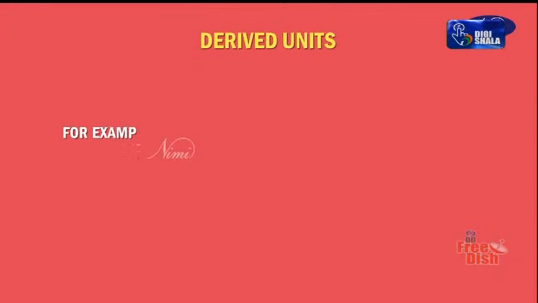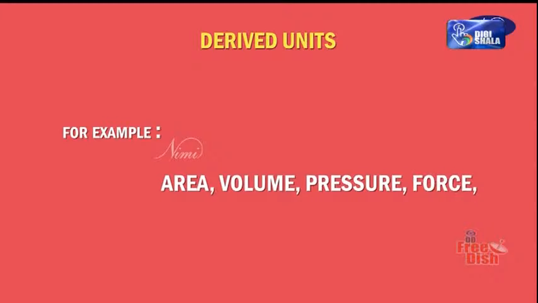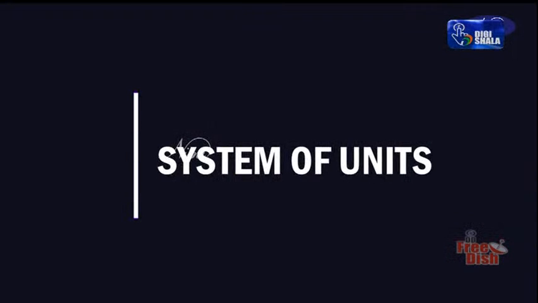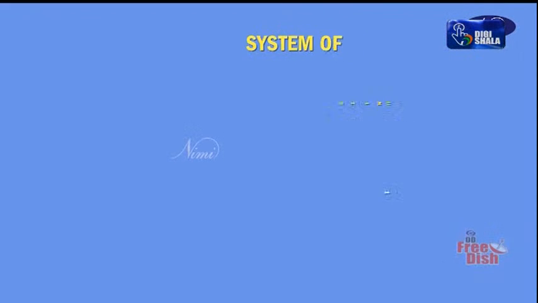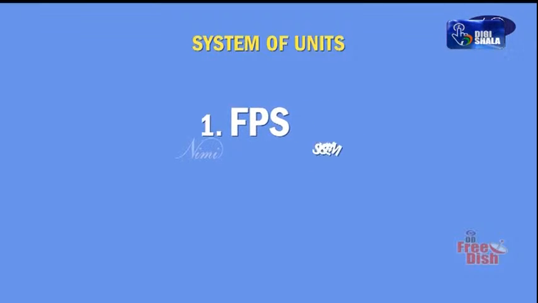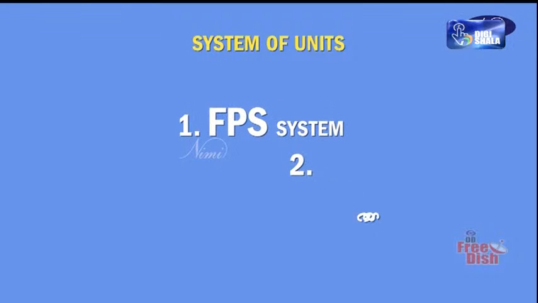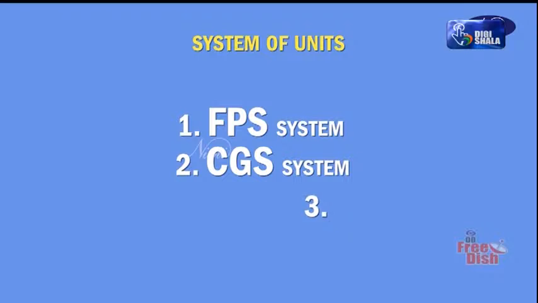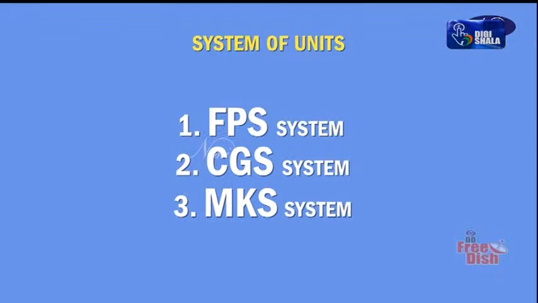For an example, area, volume, pressure, force, etc. Next, we will see the system of units. Number 1, FPS system. Number 2, CGS system. Number 3, MKS system. Number 4, SI units.